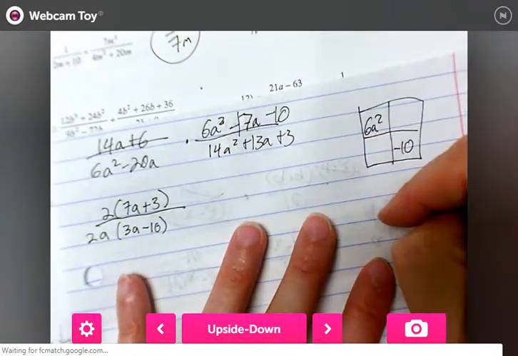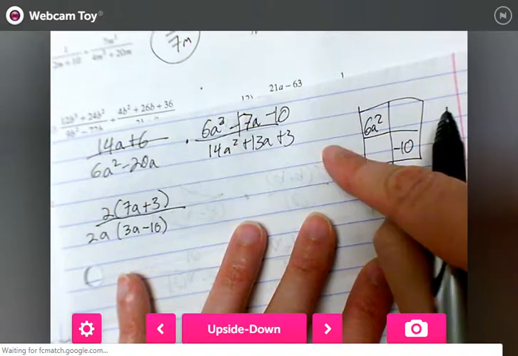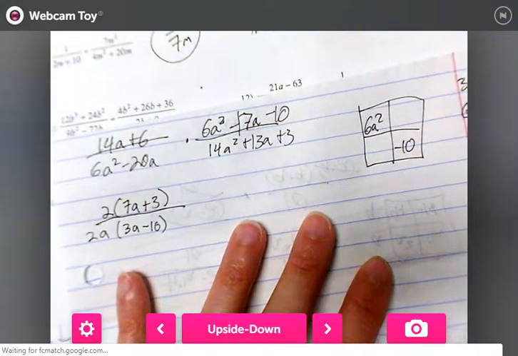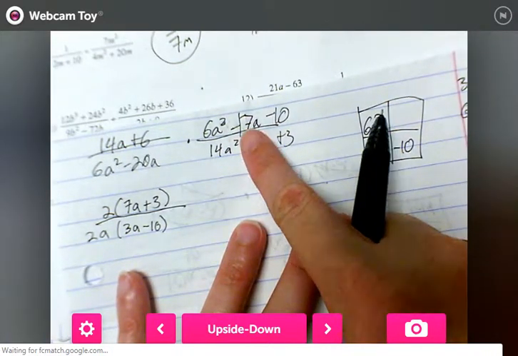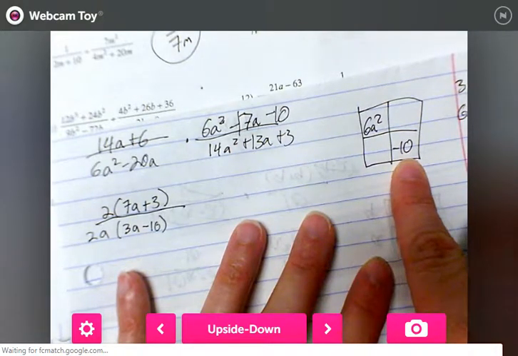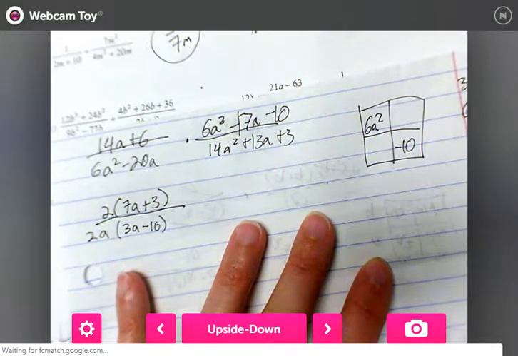Two numbers that multiply to give me 6a squared, I could have 3 and 2 or 6 and 1. Okay? And I'm going to have to multiply something so that I end up with 17 as my answer. So I know one's going to be negative and one's going to be positive.